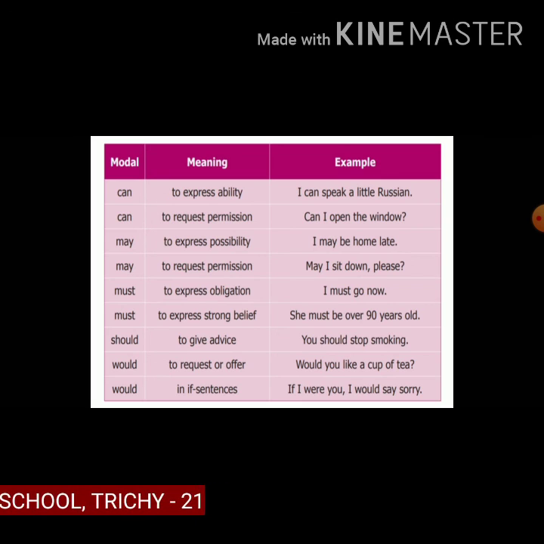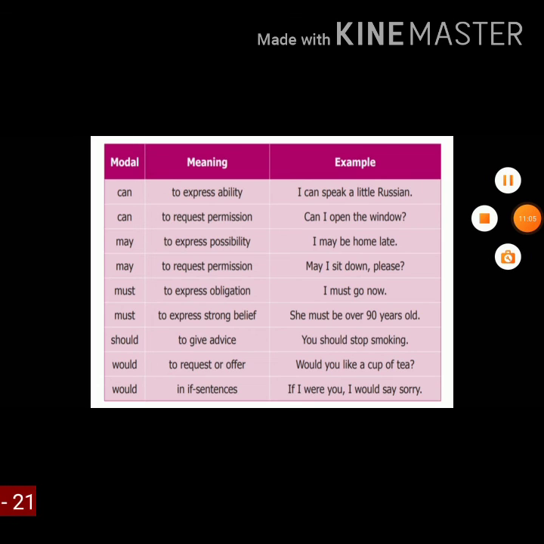If I were you; if I was you is not correct, were is correct, because this is an imaginary situation, so the auxiliary verb is were. If I were a butterfly, I would fly. So they have given would for request or offer, and another one, would in if sentences. Okay, thank you.